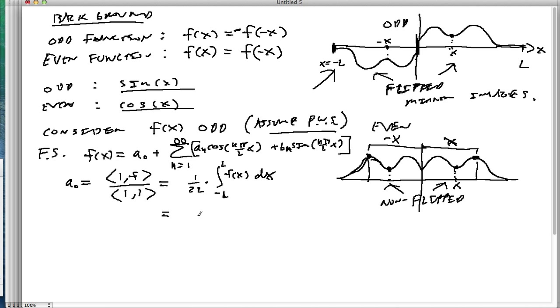I can break this up into two pieces, 1 over 2L, integral from 0 to L of f of x dx, and also negative L to 0 of f of x dx.